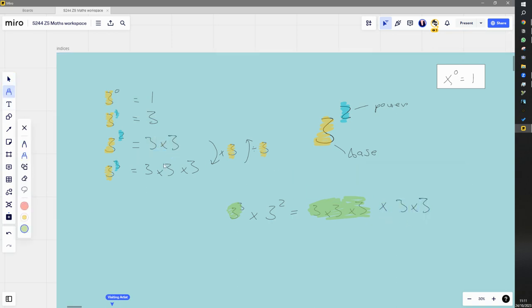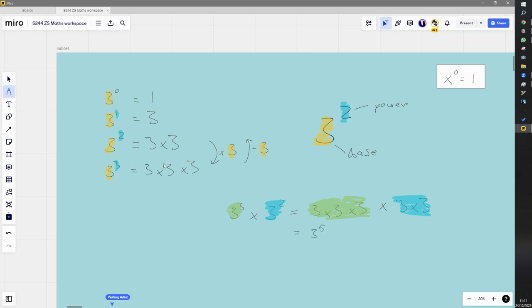Now you might be able to see what's going to happen here. Let's colour that in blue, and I'll colour that in blue. If this is 3 squared and this is 3 cubed, or 3 to the power of 3, then we now have 1, 2, 3, 4, 5. So that must be 3 to the power of 5.